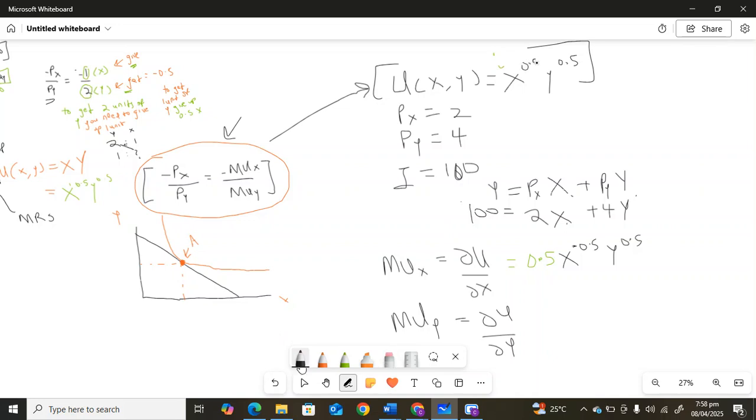Yes. So we derive. Since we're deriving y, you just say 0.5 multiplied by the coefficient here, you get 0.5. 0.5 times 1, 0.5. X stays unaffected, so it will be x to the power 0.5.